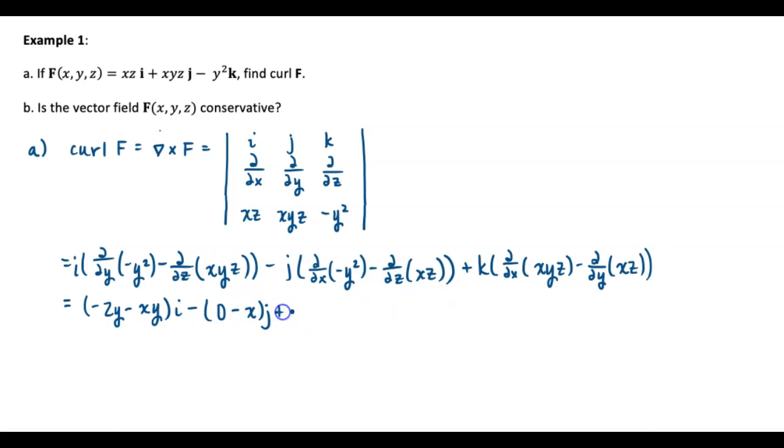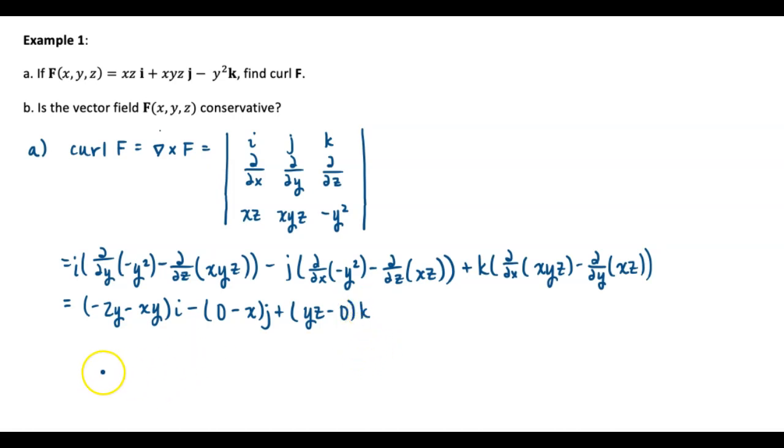That's our j component, and as for our k, we've got the partial with respect to x of xyz, treating y and z as constants, leaving us with just yz. We're subtracting from that the partial with respect to y of xz. Because x and z are both constants in this case, this is just going to be 0, and that is our k component.